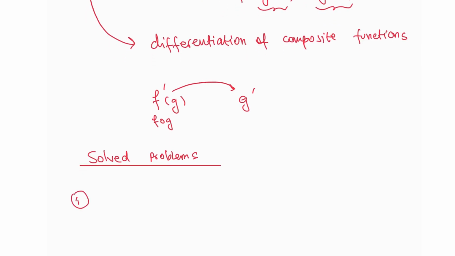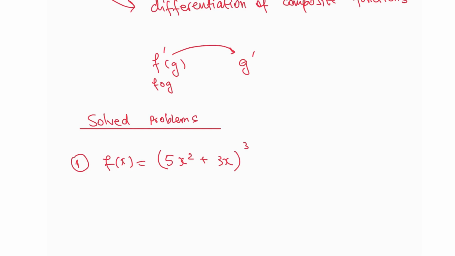Okay, question 1. f of x equals 5x squared plus 3x, and then to the power 3. We can notice here that f of x is a composite function.